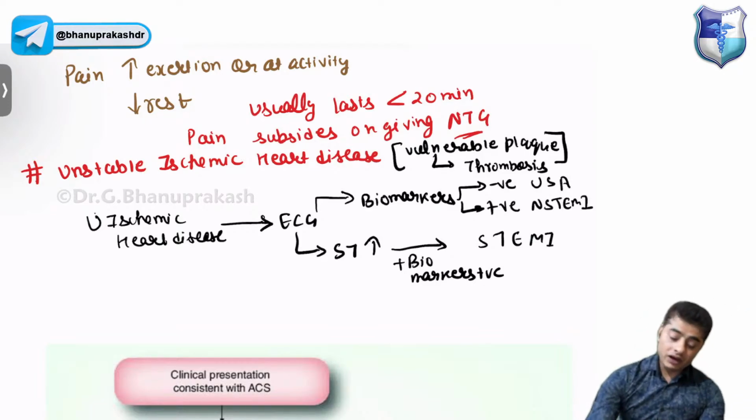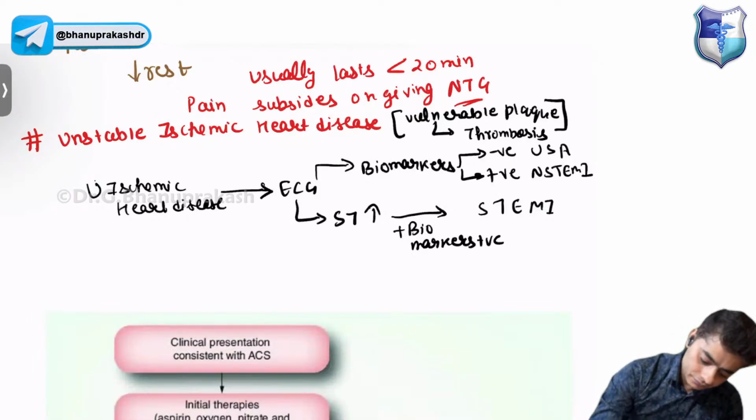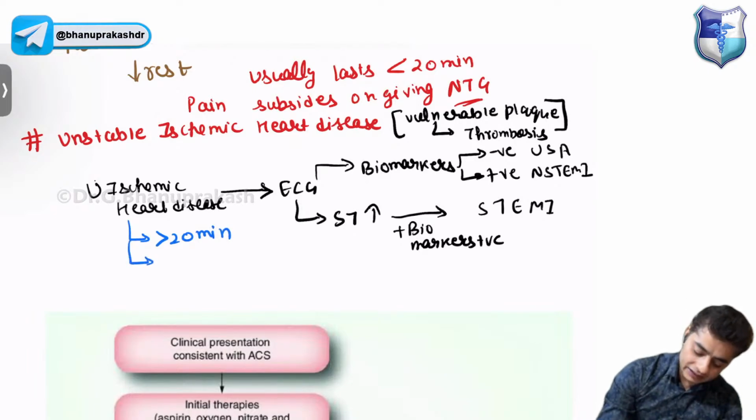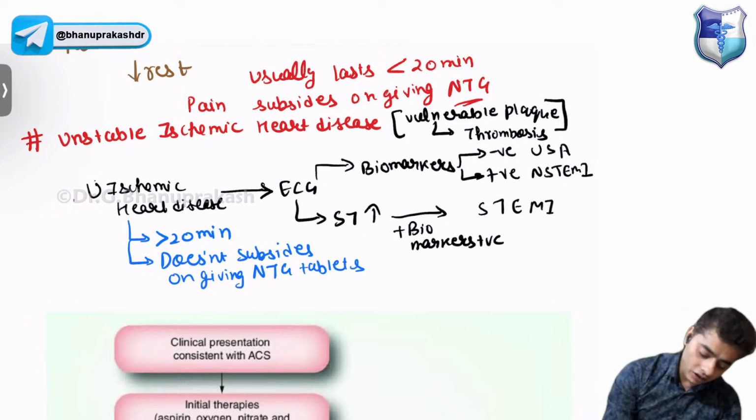And what are the characteristics of unstable ischemic heart disease? It lasts greater than 20 minutes, and the pain doesn't subside on giving NTG tablets, and this pain occurs at rest also.